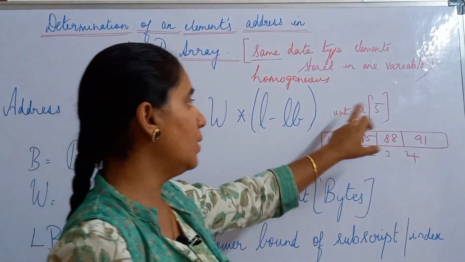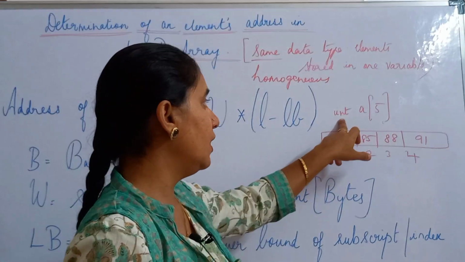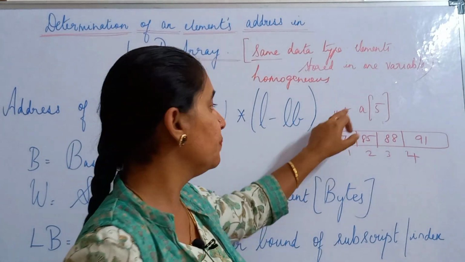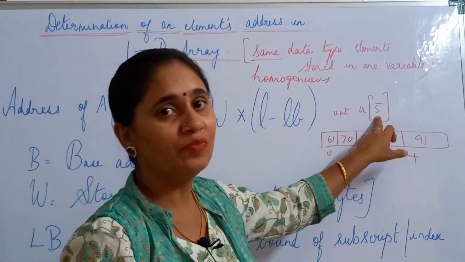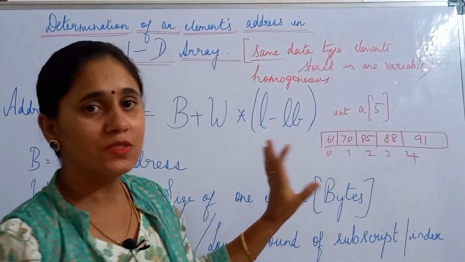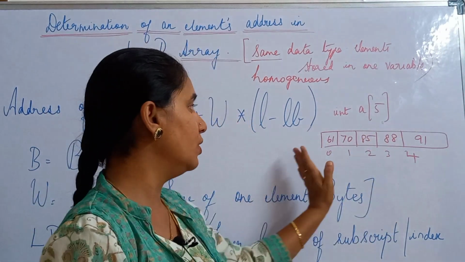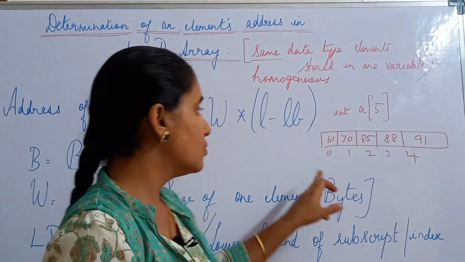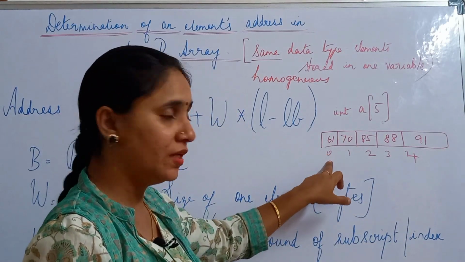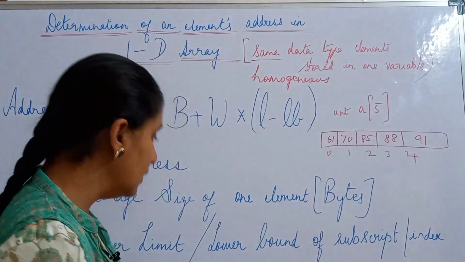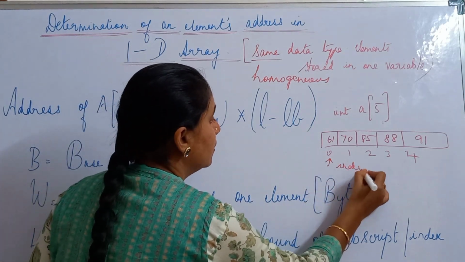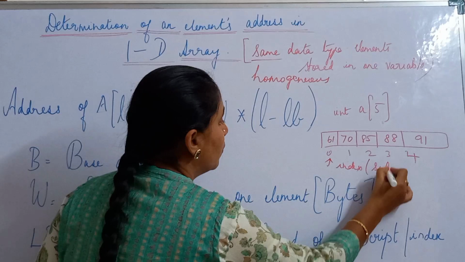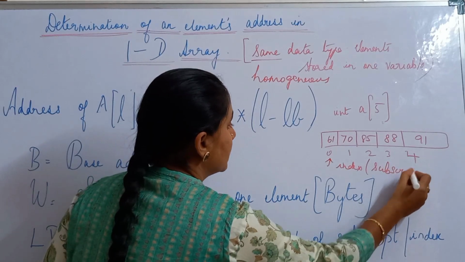I think you have a clear idea about it. So this is a one dimensional array of data type integer. The array variable is A and it is going to store 5 elements. How are the elements stored? They are stored in a linear manner, starting from the location we call an index value, or a subscript.